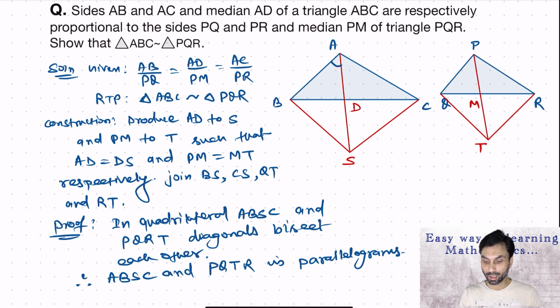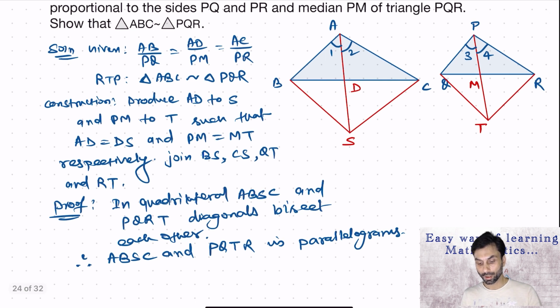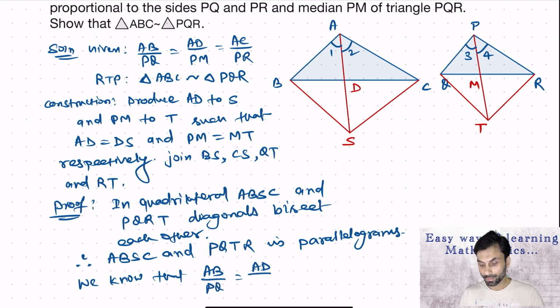Before we proceed further, we'll assume this particular angle as 1, this as 2, this as 3, and this as angle 4. Now, we will take triangle ABS and triangle PQT and prove that they are similar. We know that AB upon PQ equals AD upon PM equals AC upon PR.